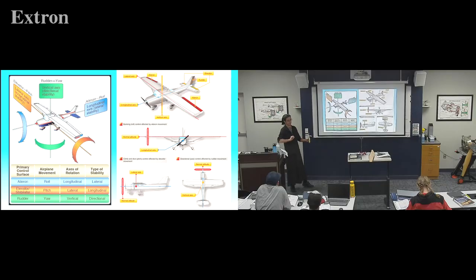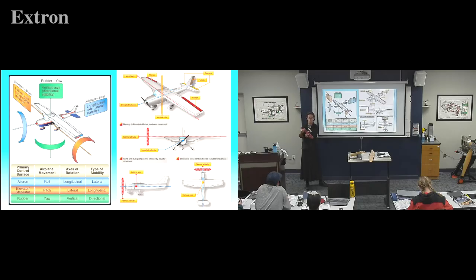Now it gets tricky. So, with my longitudinal axis, move this airplane for a little bit. Longitudinal from nose to tail. If I move around or about that axis, what flight controls are making that movement?